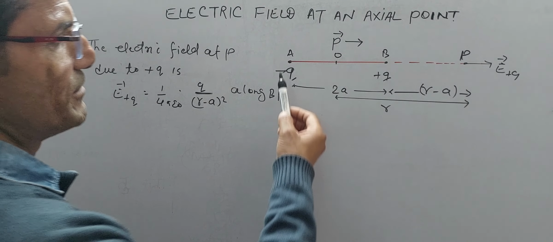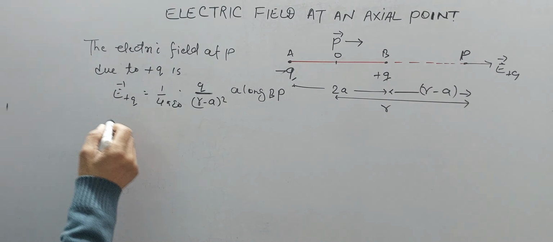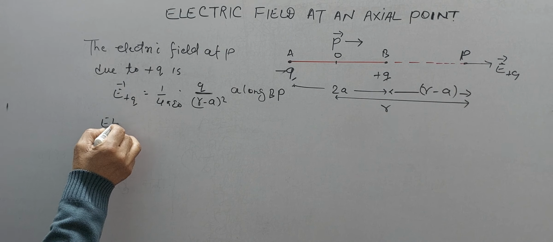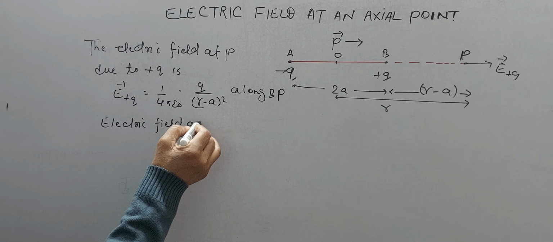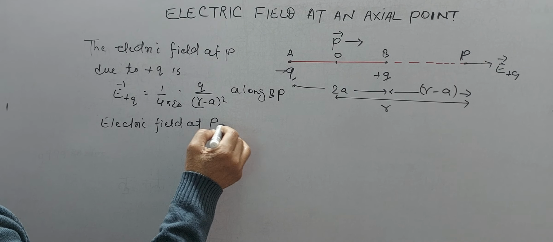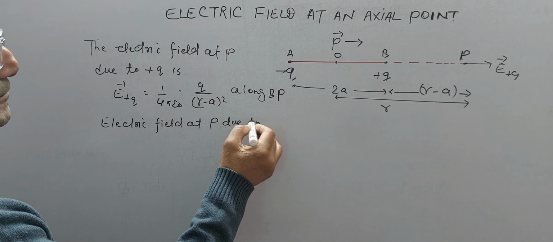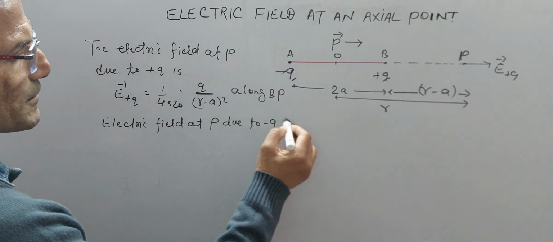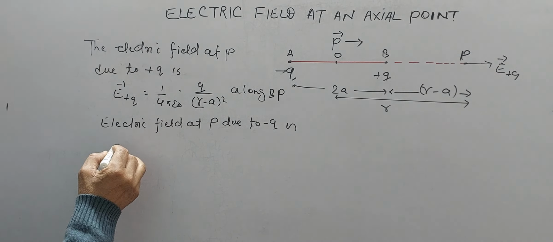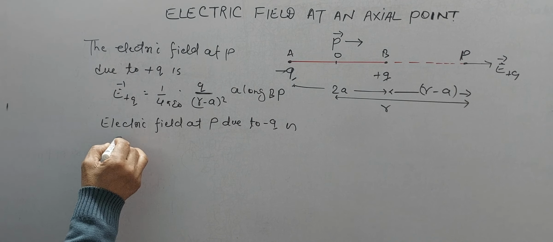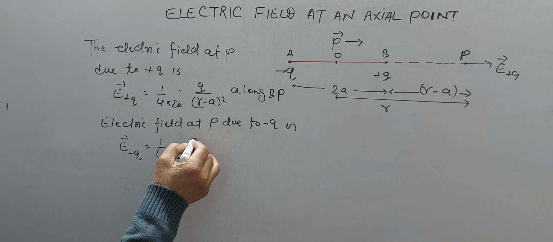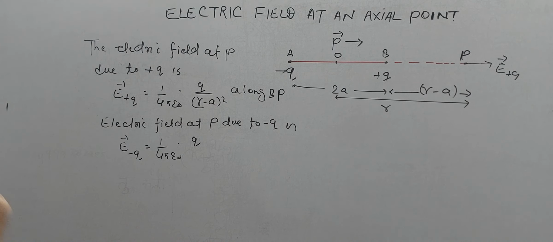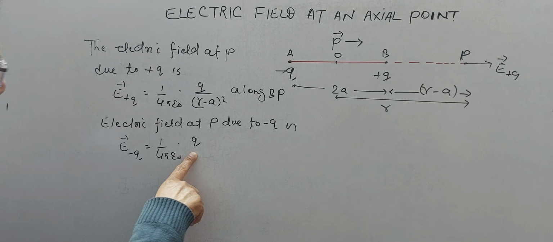Similarly, the electric field due to minus q at the point P is also a vector, and I take the negative value of this for the direction.